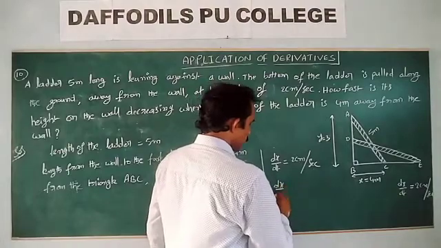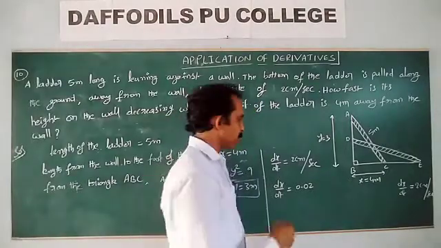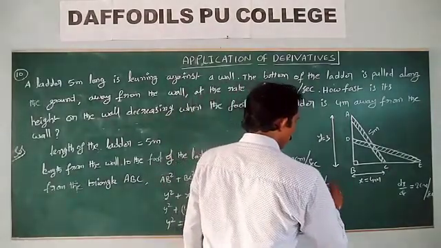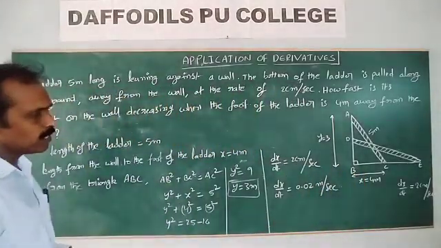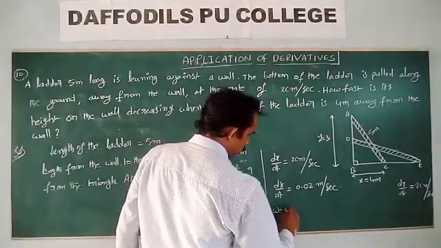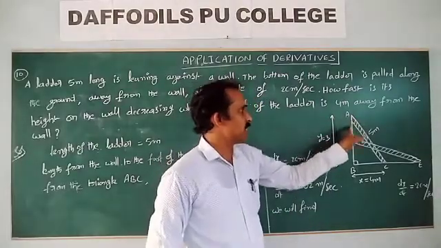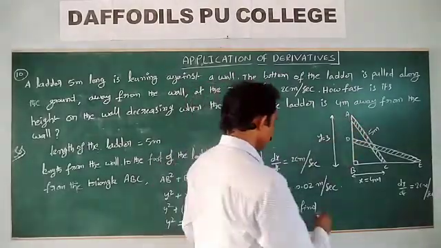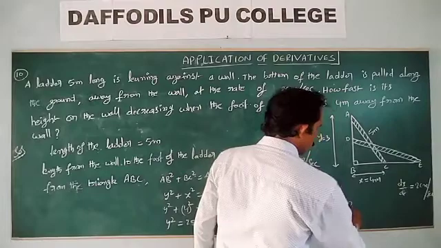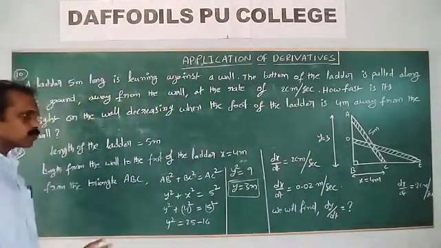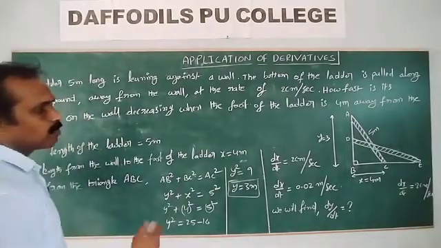That implies dx by dt is equal to 0.02 meter per second. So that is the given data. What we will find is the change in height of the ladder from point A to point D, that is dy by dt, the change in y with respect to time. Please understand this. We find dy by dt.